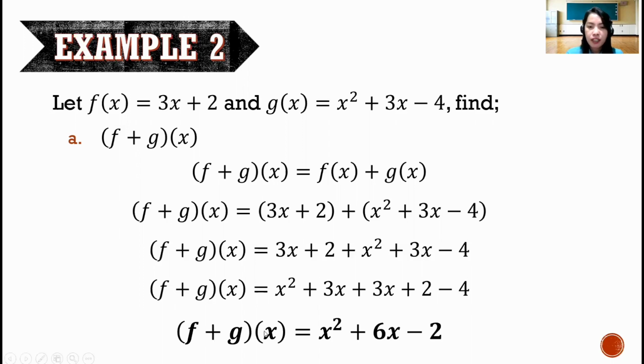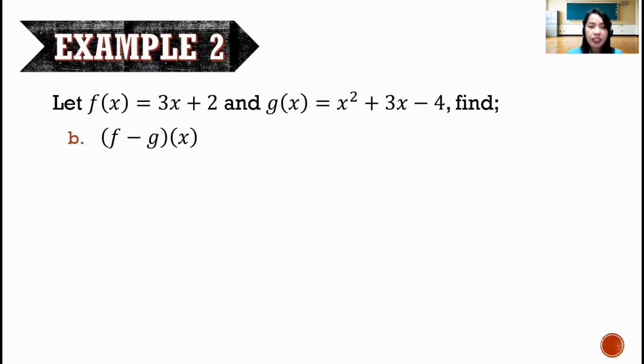We have x squared, 3x plus 3x is 6x, and then since the different sign, plus and negative, so we're going to subtract the numbers 2 and 4. That is to copy the sign of the higher number. Ang sign ng 4 ay negative, so negative ang sign natin dito. Final answer, the quantity f plus g of x, that is equal to x squared plus 6x minus 2.